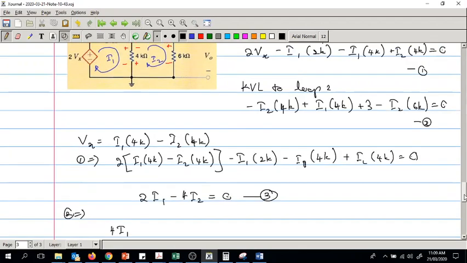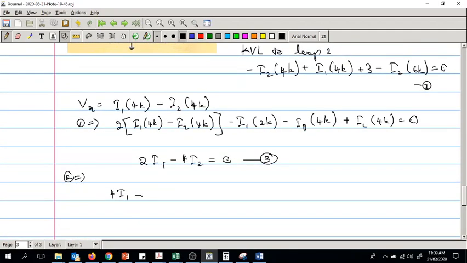Okay, do we have 6 there? Yes. Minus 10 I2 equals minus 3. Yes, so we'll have to leave it as it is, so that is equation number 4.